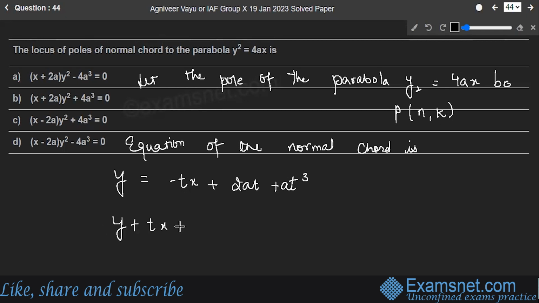So y + tx - 2at - at^3 = 0. Let's say this is equation 1.